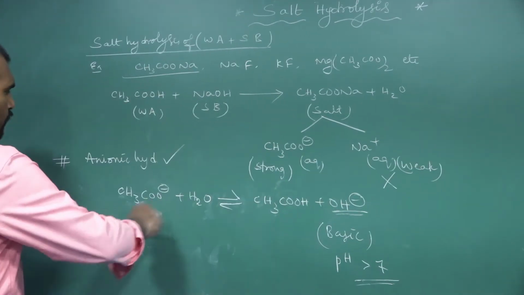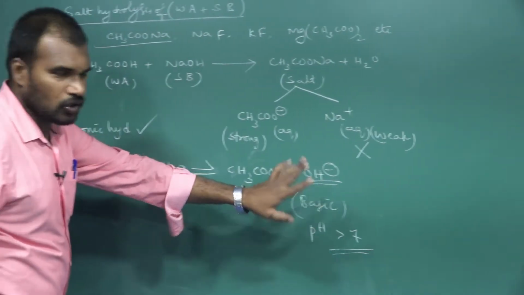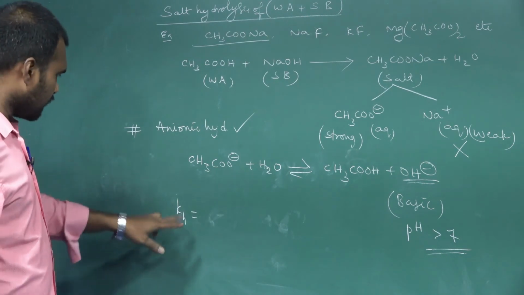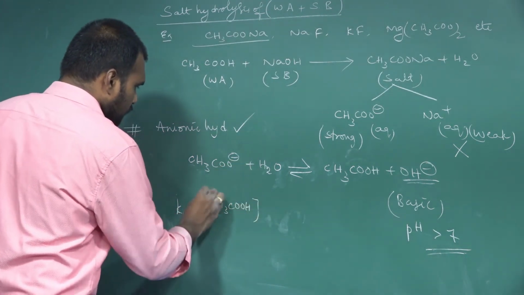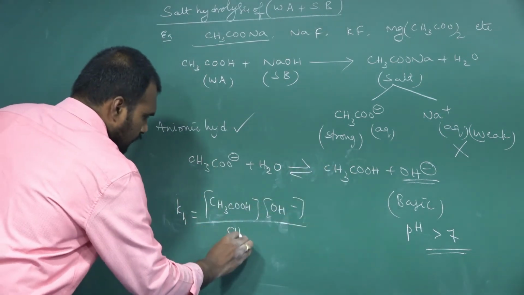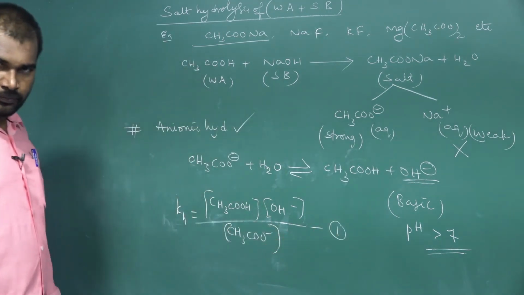Now coming to this, they undergo anionic hydrolysis and furnish OH minus ions into the solution. Now write the Kh value for the above equation. Kh is equal to CH3COOH concentration into OH minus concentration divided by CH3COO minus concentration, equation number 1.